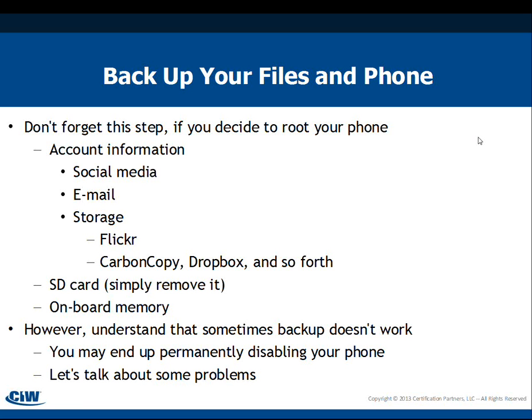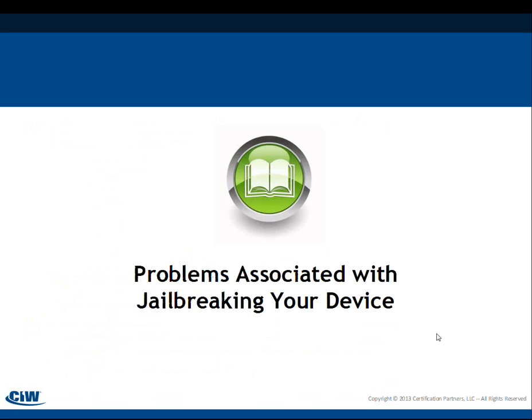I think a lot of people don't quite differentiate in their phones between an SD card and onboard memory, and I'm not talking to you Apple users, you don't get SD cards, but I'm talking about Android people, for example, and Windows users. Your SD card is different than your onboard memory. So make sure you understand the difference between them and back up all the information you have. But understand sometimes that backup doesn't even work, because if you permanently disable your phone, and I'm not saying that's going to happen, but it could, even backup won't work too much.